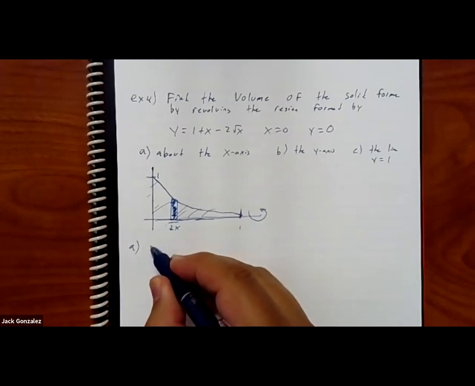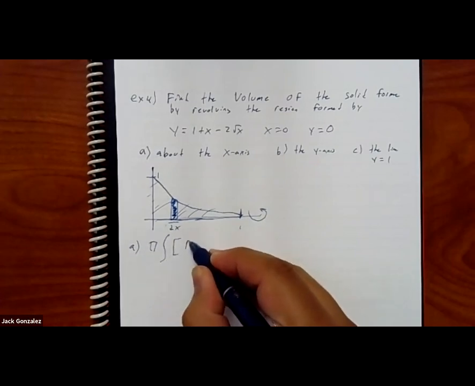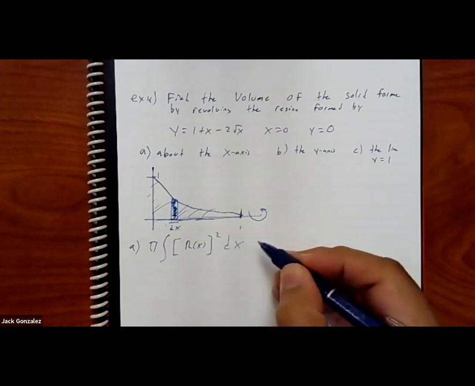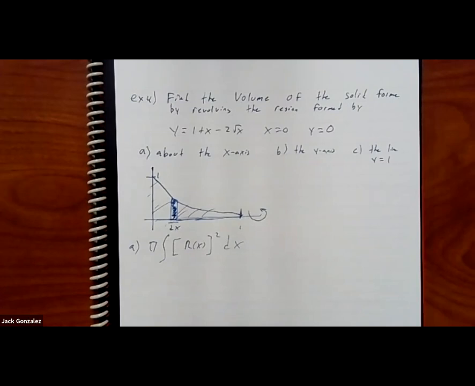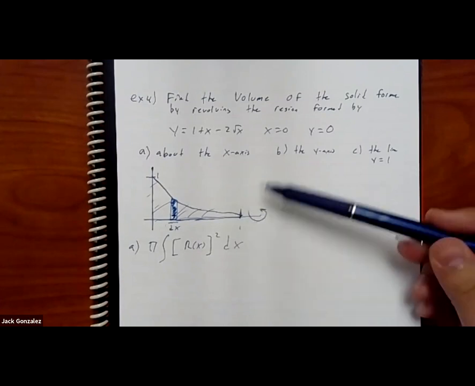So the formula for disk is pi times the radius squared dx. Do I have an inner hole? Do I need washer, or is disk fine? Because I'm right on there, right? So I'm spinning like this. So we're good.